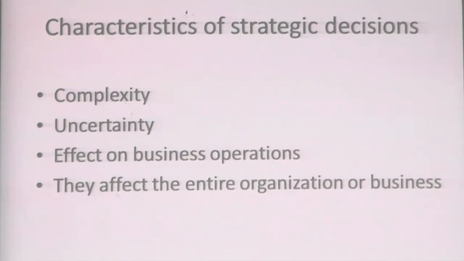Effect on business operations. When you are taking decision that affects the business operation, sometimes you will require to stop continuing one branch, let us say which is situated in Anuradhapura, Mathura, Sambhya, far away. That does not have much income.